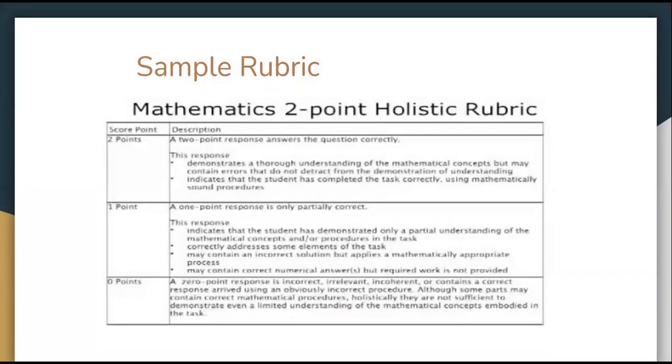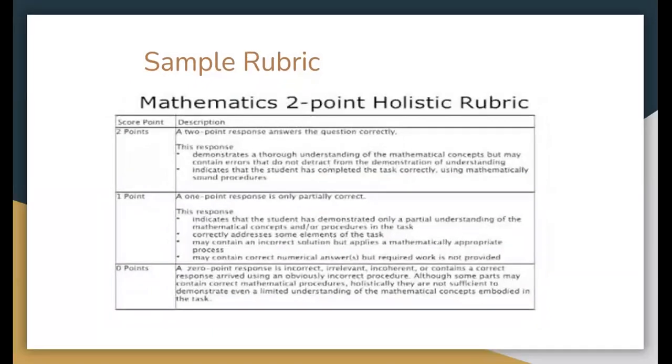They're getting the point. When you look at this holistic rubric here, if you notice, all the descriptions are culminated into one box. So it has: demonstrates a thorough understanding of the mathematical concept, but may contain errors that do not distract. Indicates that the student has completed the task correctly using mathematical.